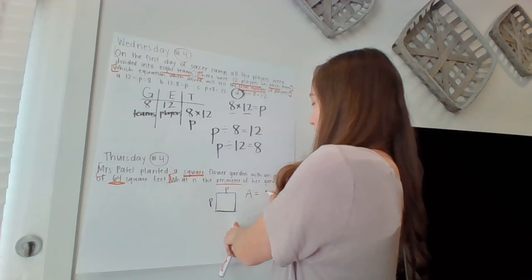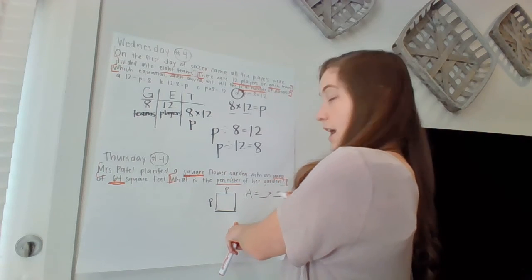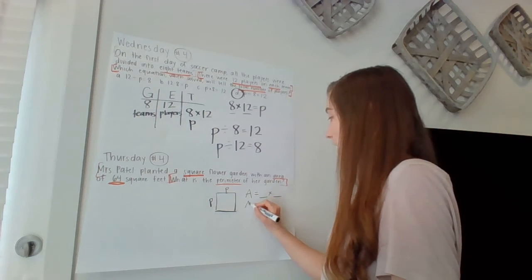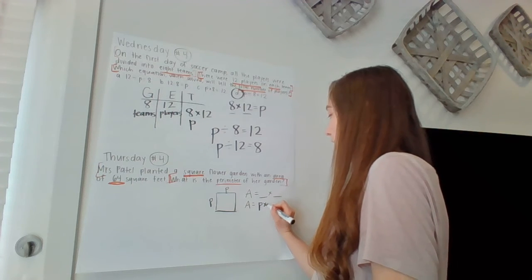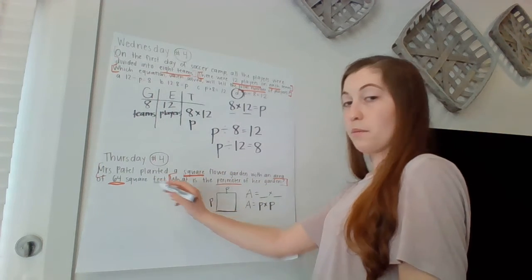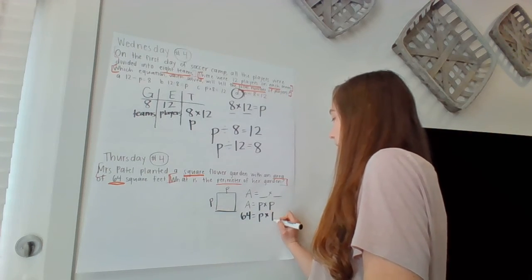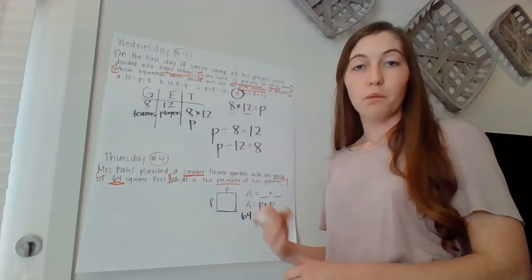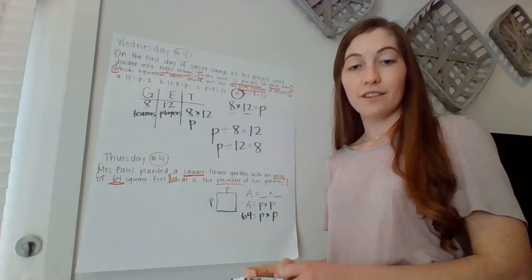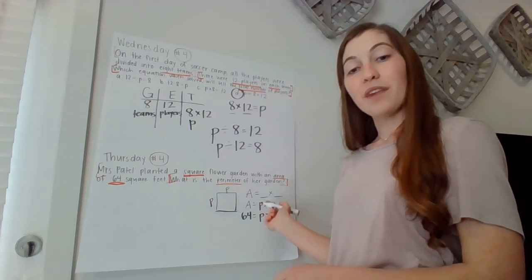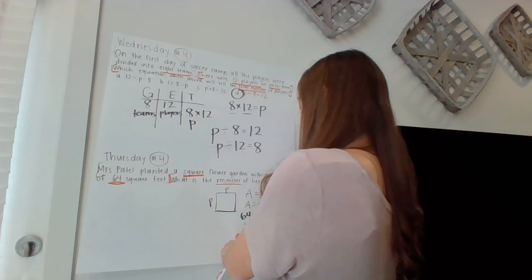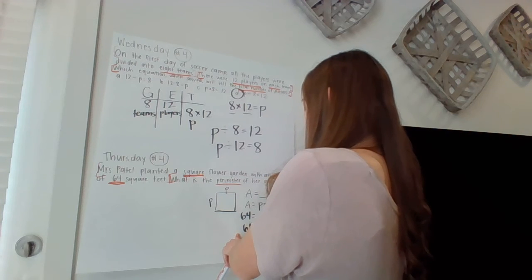I know area equals my two sides multiplied times each other. So my area equals P times P. And I know from this problem my area equals 64. So 64 equals P times P. What number do I know is multiplied by itself to get to 64? I know that 8 times 8 equals 64. So P equals 8.